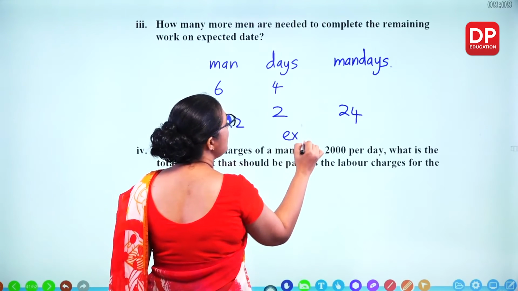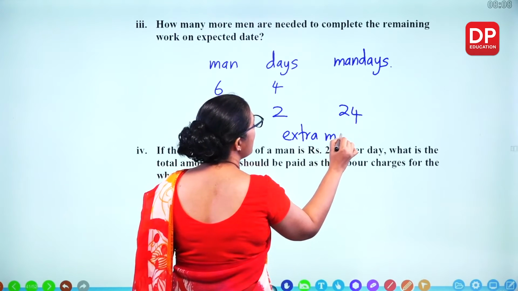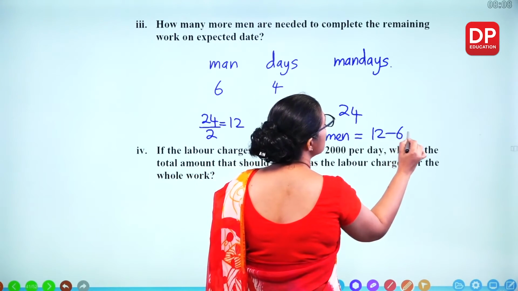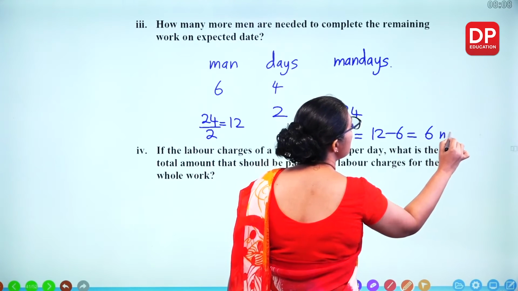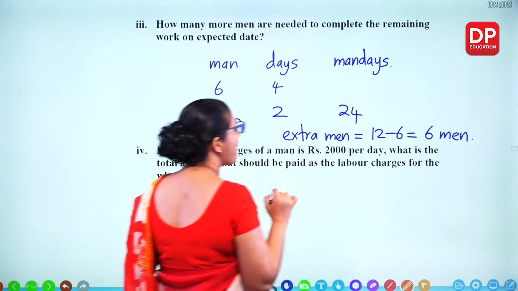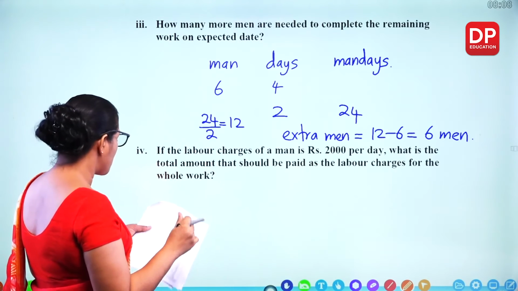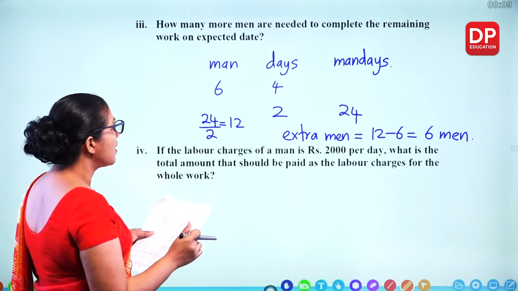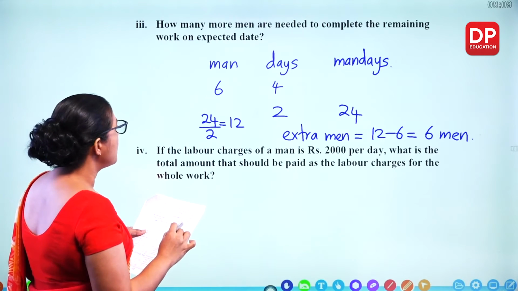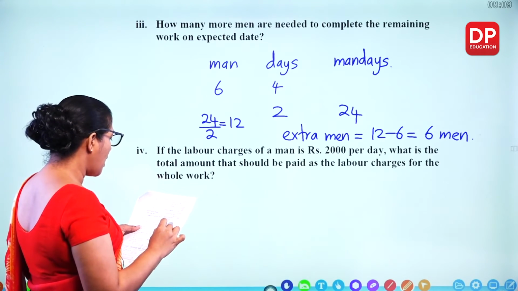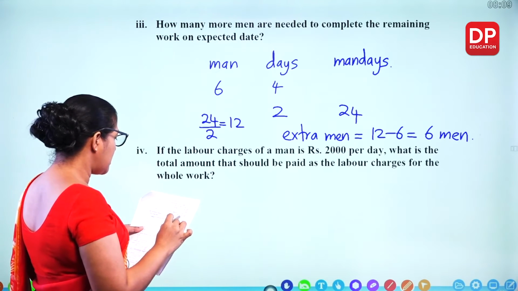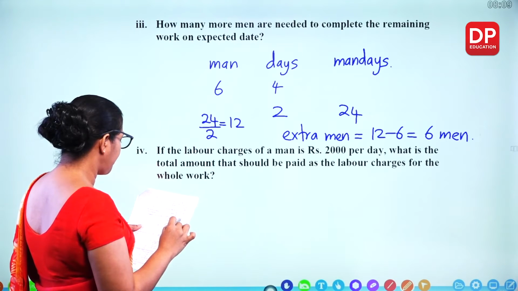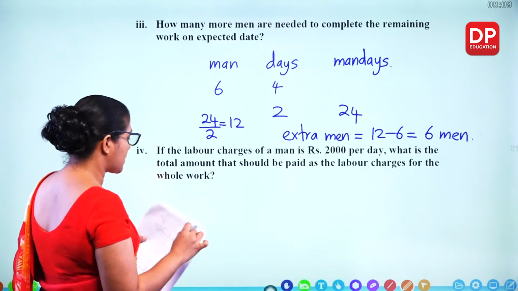Extra men you need is 12 minus 6. You need another 6 men. So how many marks for that part? We can give 24 divided by 2, that's 1 mark, and so this is 2 marks.